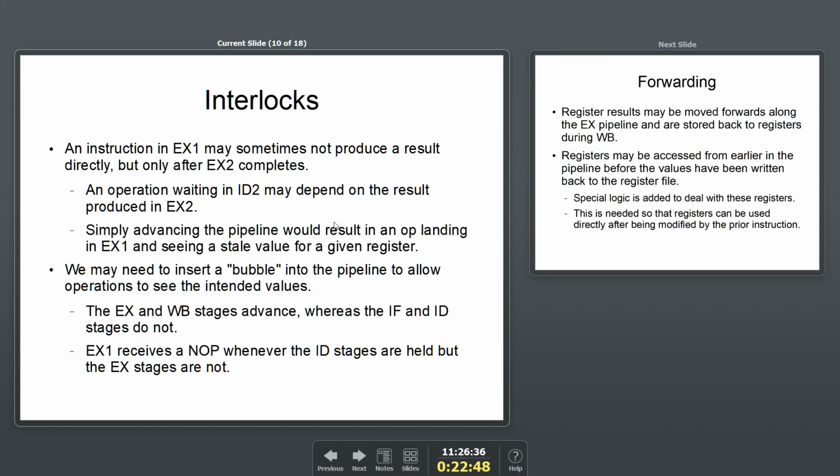Otherwise, one would need something analogous to delay slots between adjacent instructions, so whenever a register was read, you would effectively have a delay slot until the value for that register gets updated, which would be kind of annoying.